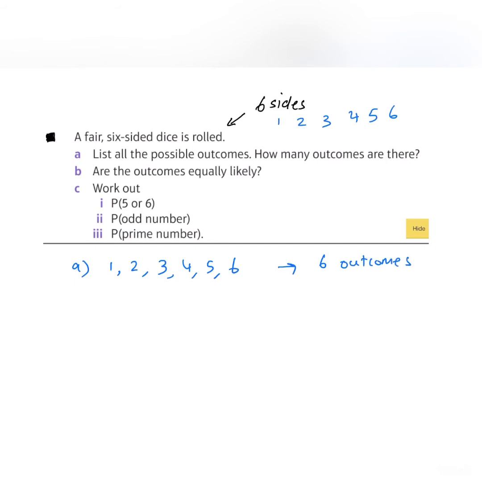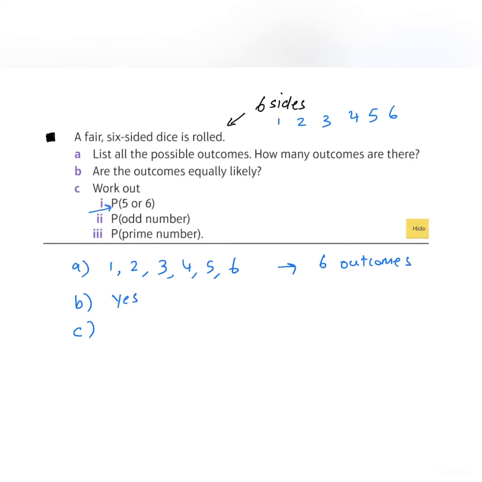Part B says, are the outcomes equally likely? Yes, because each number appears only once, so every number has an equal chance of appearing. Part C says, work out the probability of a 5 or a 6.